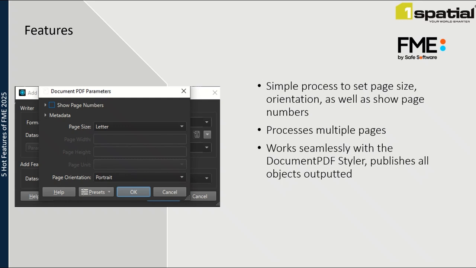So the features of the writer, you can see the screenshot I put in on the left. It's pretty simple, pretty straightforward, really. You can set the page size, orientation, and also, if you want to show the page numbers, you can tick that little box. It can process multiple pages, and it works seamlessly with the PDF styler, and publishes all the objects outputted from there.